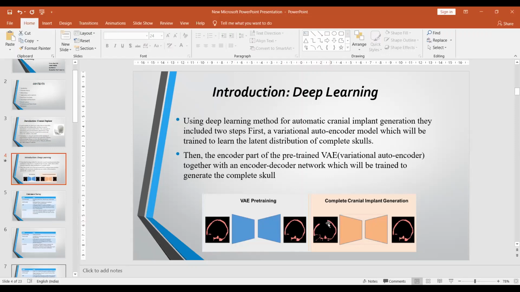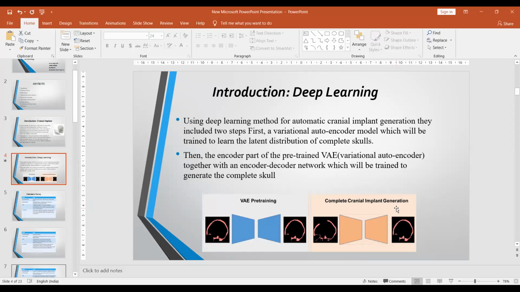It is a damaged skull, sir. Using complete cranial implant generation, with RDUNet and the algorithm which I had explained, using references and a model trained prior, we will be able to generate the complete skull.